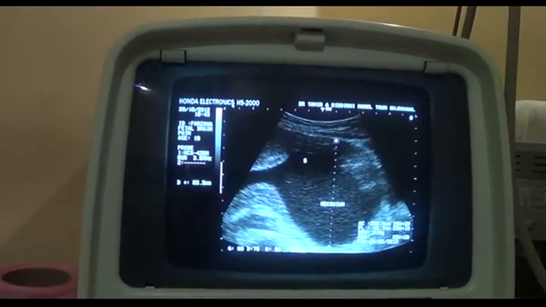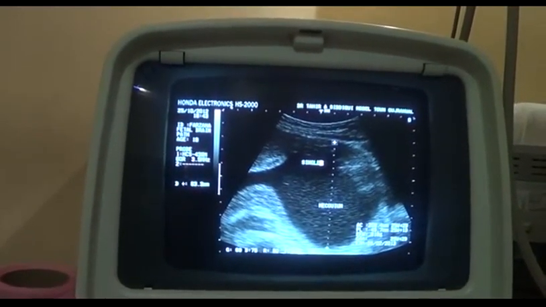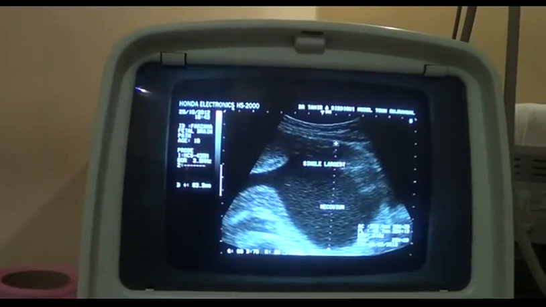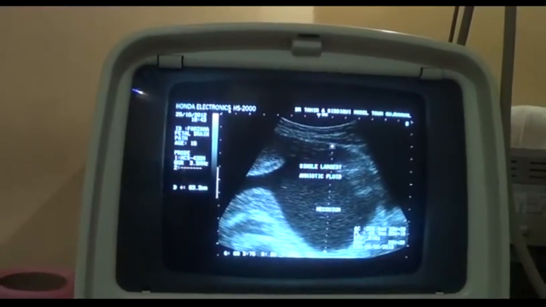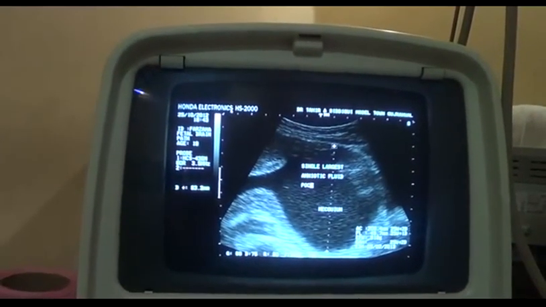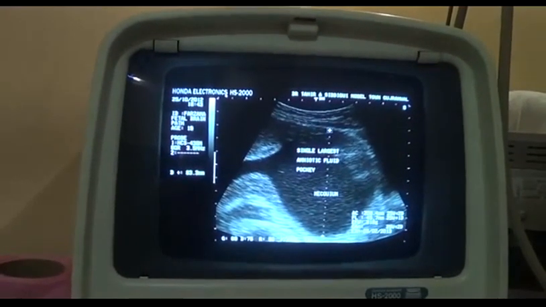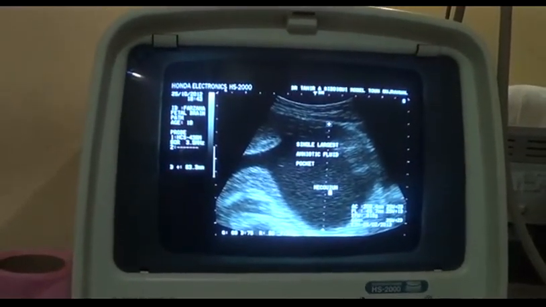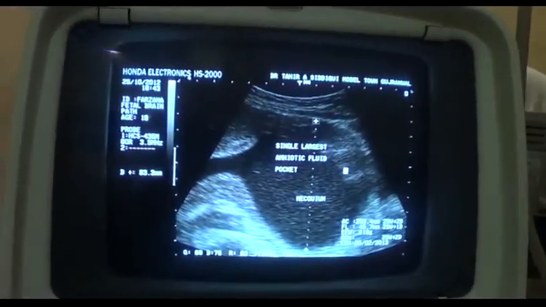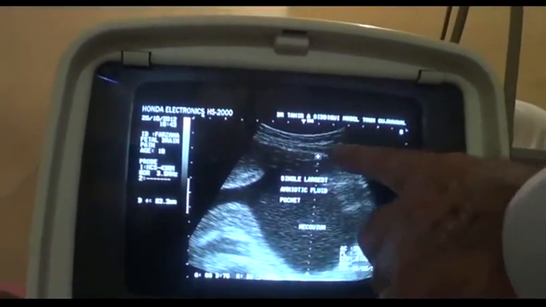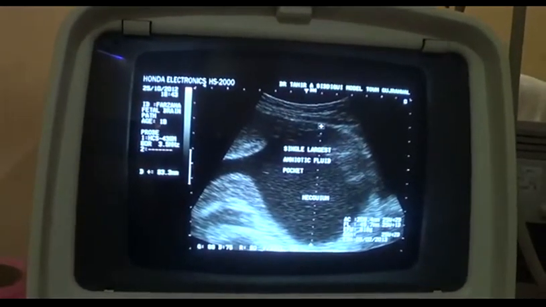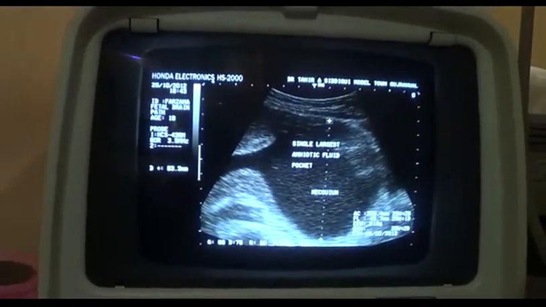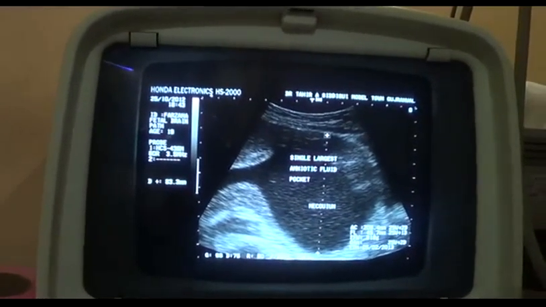This is the single largest amniotic fluid pocket, measured in vertical section, and it is 8.3 centimeters, which is sufficient to declare this a case of polyhydramnios as well.